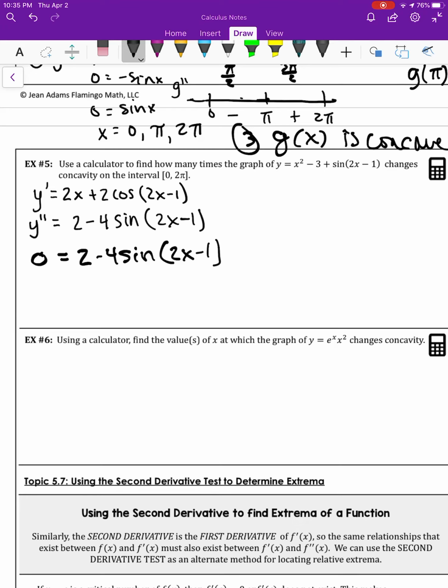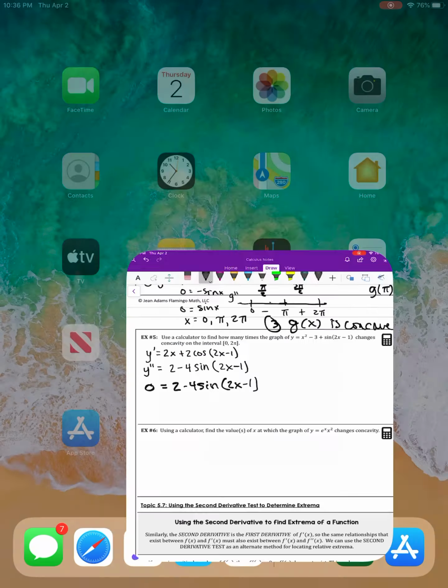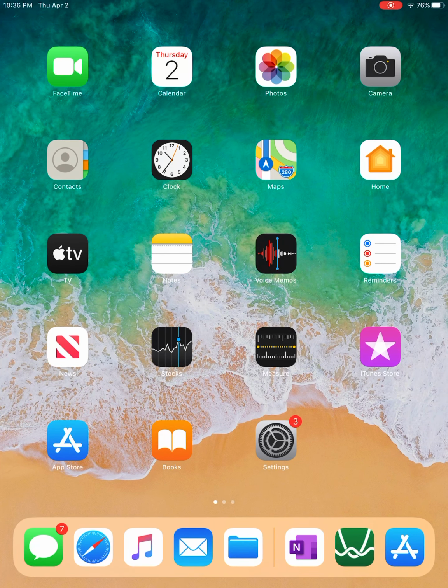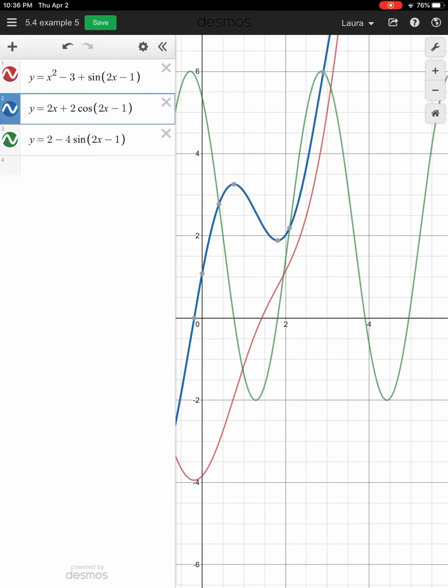I, of course, on my paper did it using algebra, but it is kind of a lengthy problem using algebra. So what I'm going to do is switch over to my Desmos calculator on here. Hopefully you can still see this when I bring it up.